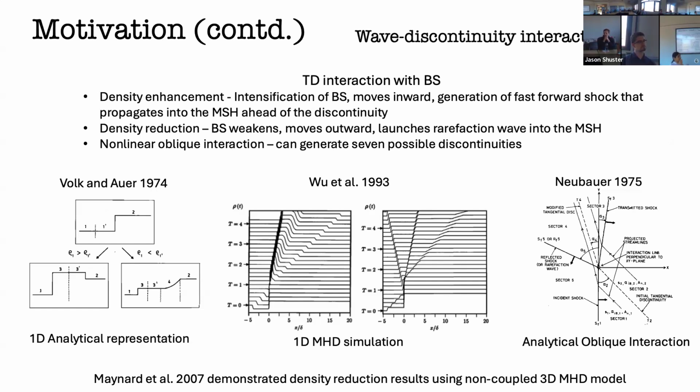But if the interaction is oblique, then it can possibly generate more discontinuities, which aren't talked about much. Later in 2007, Maynard did some case studies and demonstrated simulation cases along with observations of this type of discontinuity, but they focused more on the density reduction case.